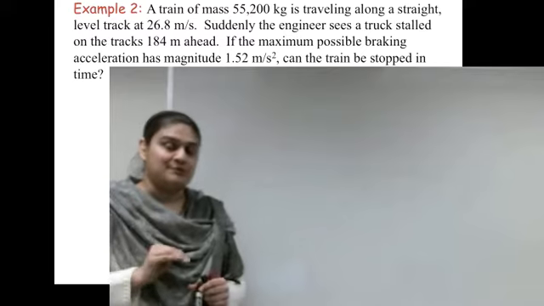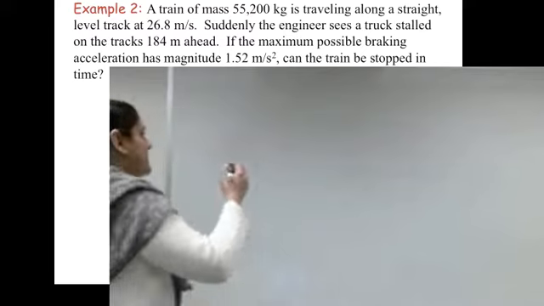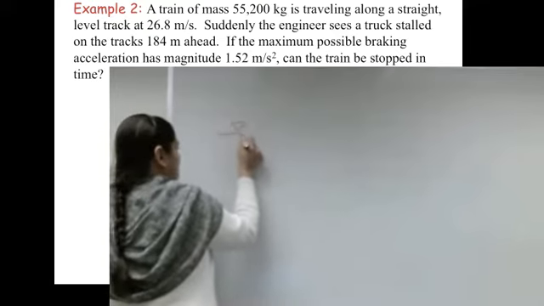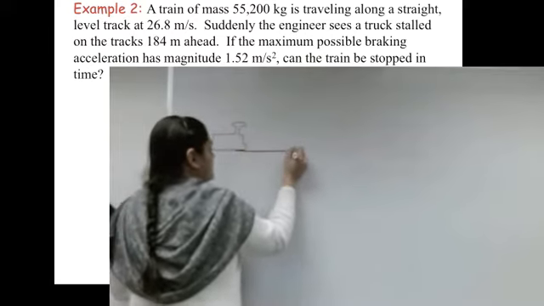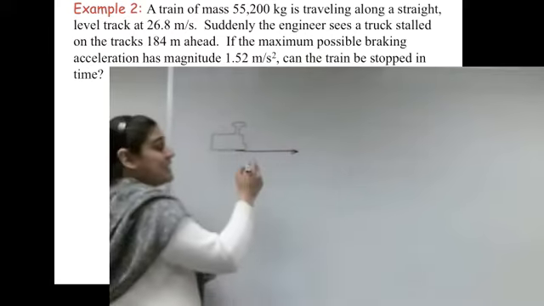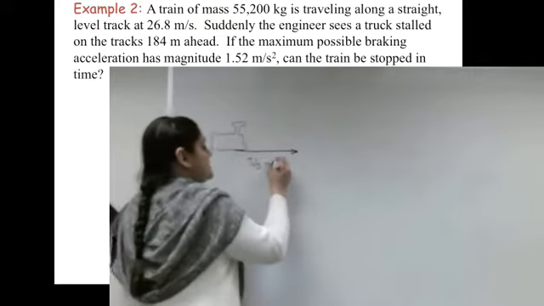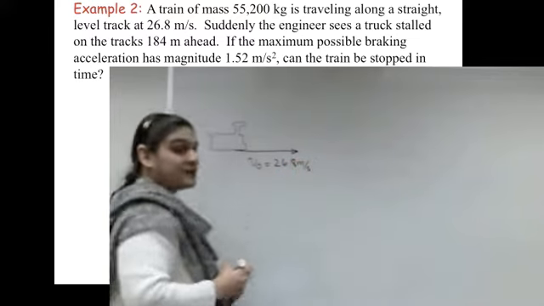First, I have read the problem. Now I am going to draw a picture, right? So the picture says that I have a train, and it is moving at an initial velocity of 26.8 meters per second, okay?